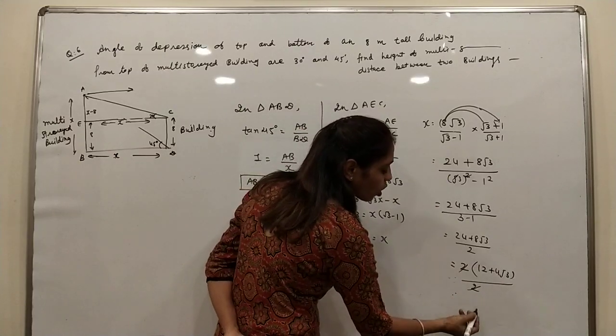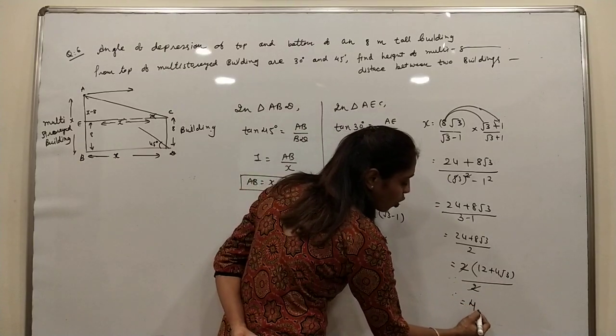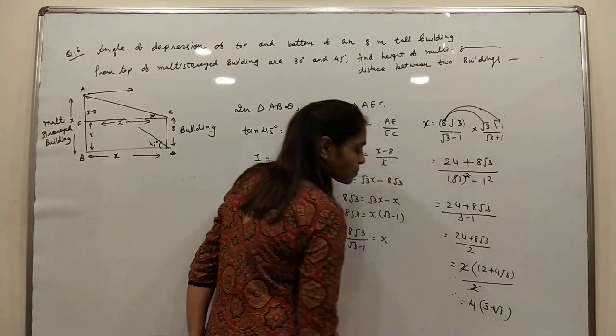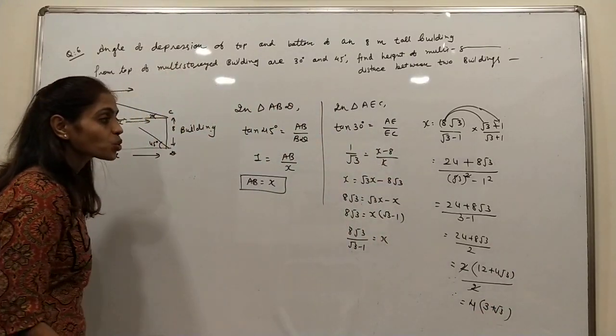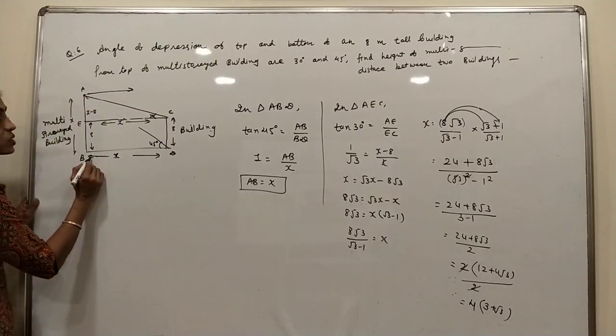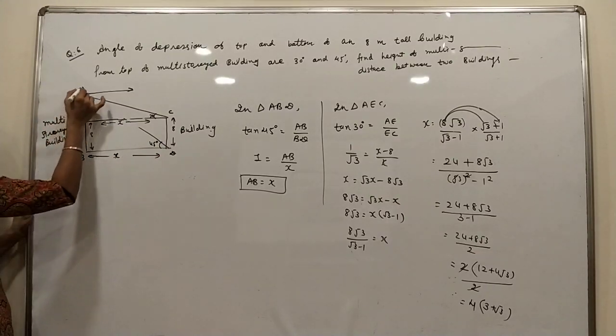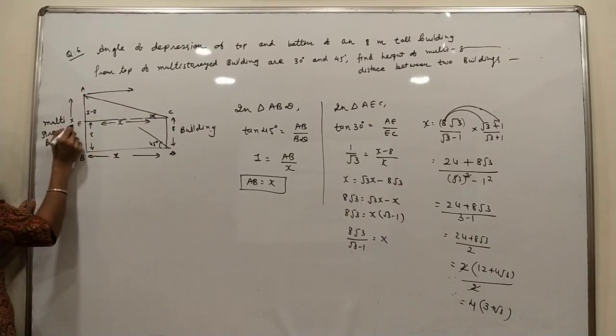Or you can also take 4 common. 4 3s are 12. 4 into 3 plus root 3, that is x. x means the distance between the two buildings as well as the height of the multi-storied building is also x.